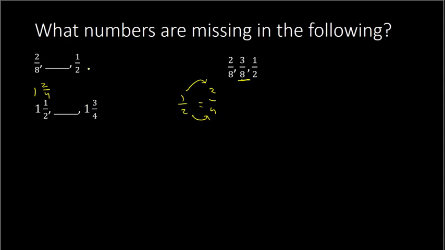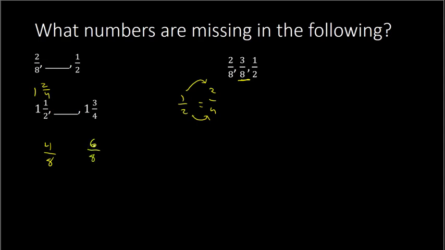What number is between 2 and 3? Well, it's going to be 2 1/2, but how do you write that as a fraction? 2 1/2 over 4 doesn't really work. So what you want to do is convert these into eighths. So break the fourths down into eighths. 2/4 is going to be 4 eighths, and 3/4 is going to be 6 eighths.